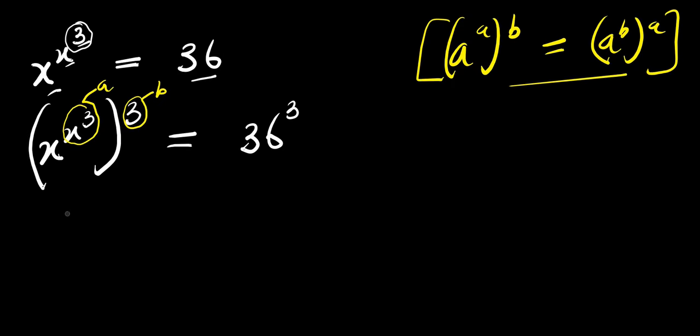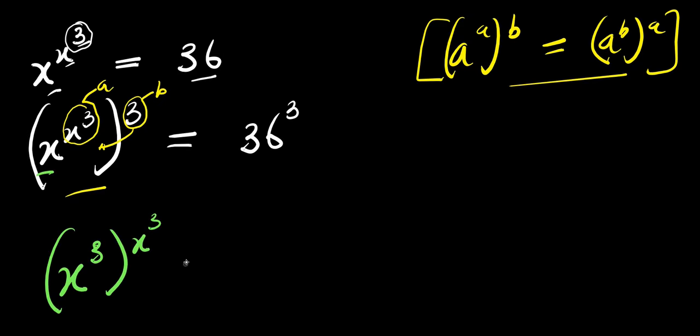So applying this right here, that means the 3 here will come inside the bracket and this will go outside, because this is our a and this is our b. So we are simply going to maintain this base here, which is x, raised to the power of 3, which is the b. We have 3 here, and this is raised to the power of x^3, and this equals 36 to the power of 3.